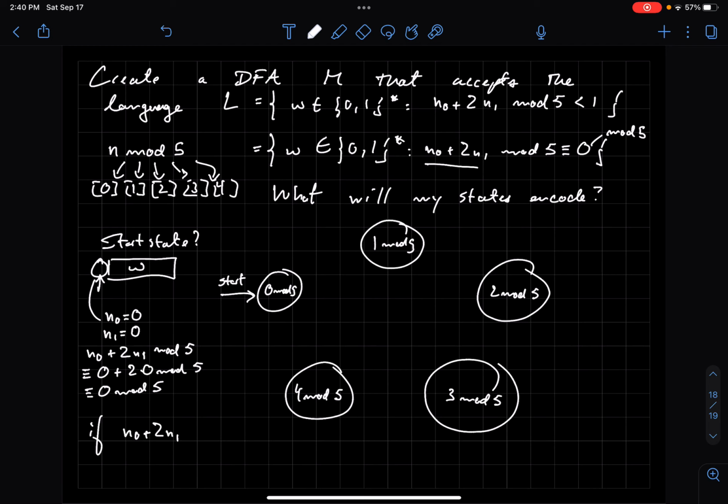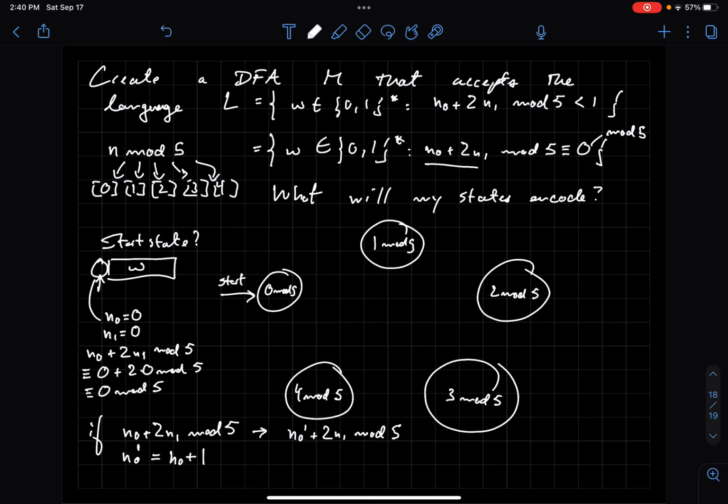If you have n0 plus 2n1 mod 5, and you read a 1, then in your new setup the new number of zeros, let's call it n0 prime, is the initial number of zeros plus 1. So this implies that you're going to transition to n0 prime plus 2n1 mod 5.